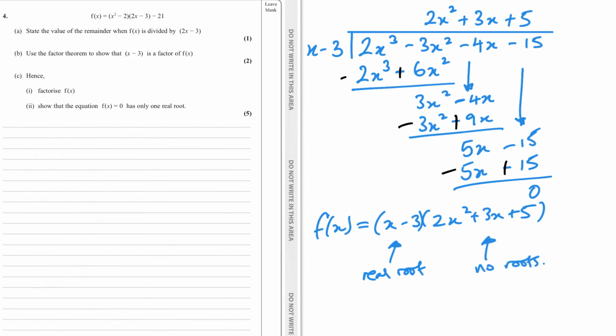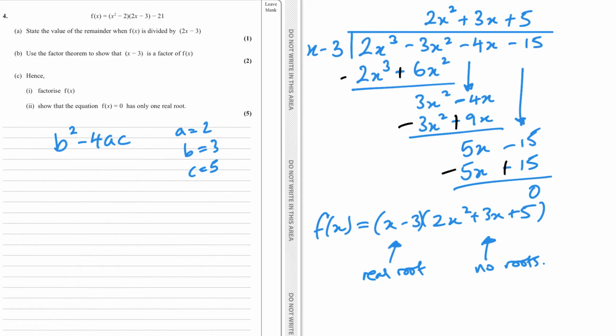So to do that, you need to be using the discriminant. So we need to be using b squared minus 4ac, and we want to show that this is going to be less than 0. So if I think about it, my a is 2, b is 3, and c is 5.